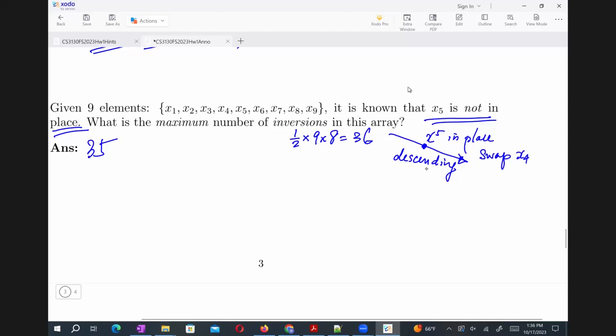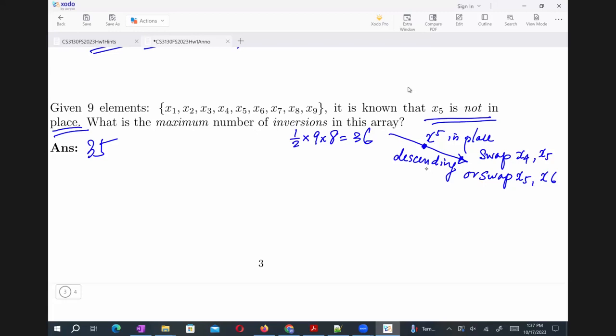X4, X5 adjacent, or swap X5, X6. Because after you make that swap, you reduce inversion by 1 from that particular pair of elements, only that one. But for others, no change.